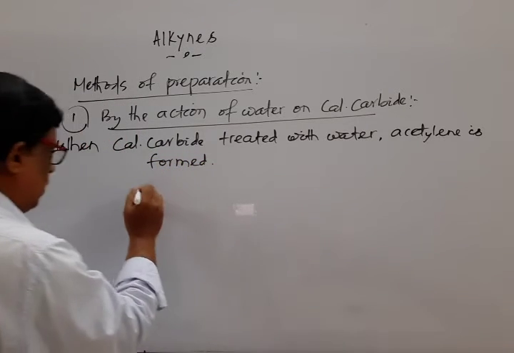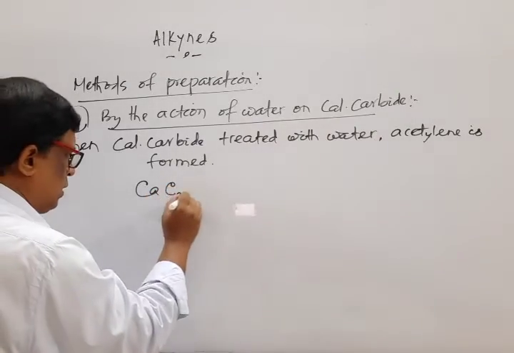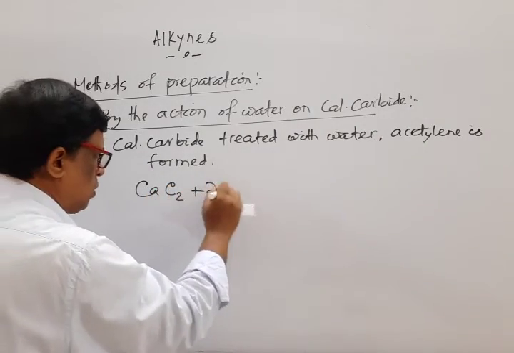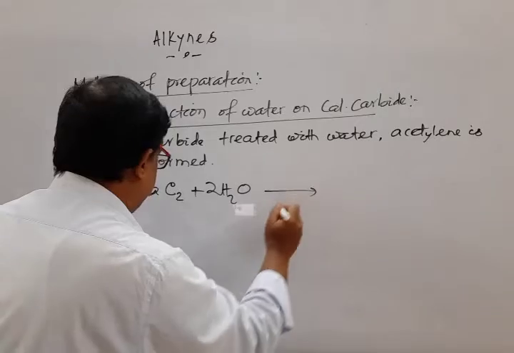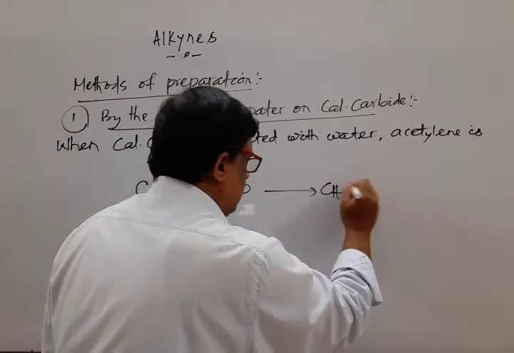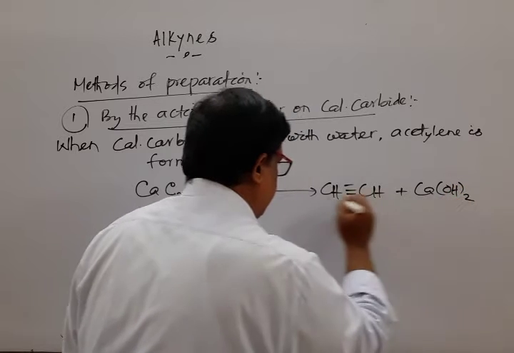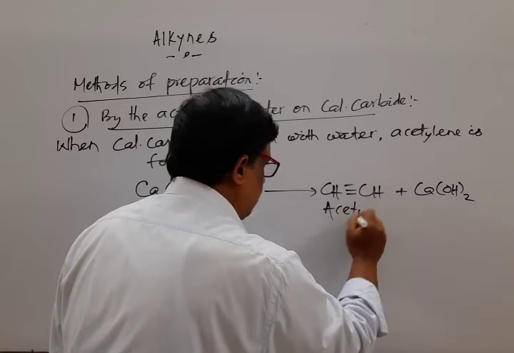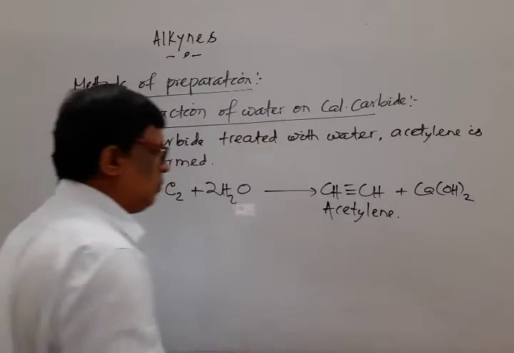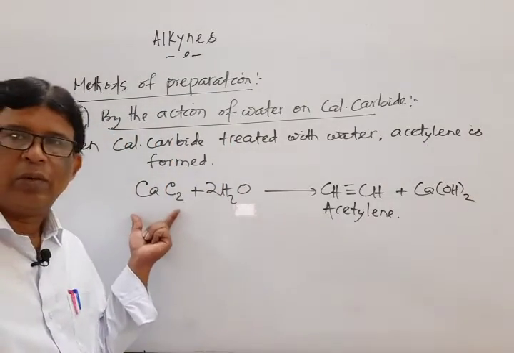Mark that. Calcium carbide formula is CaC2 plus 2 molecules of water gives rise to acetylene plus calcium hydroxide. Its name is acetylene. Its name is calcium carbide.